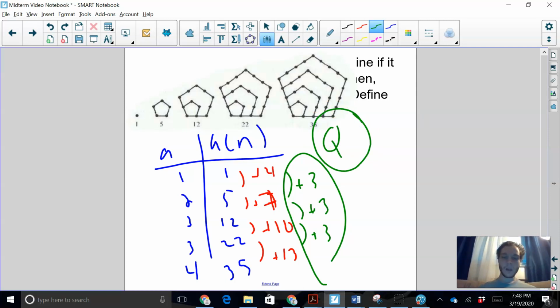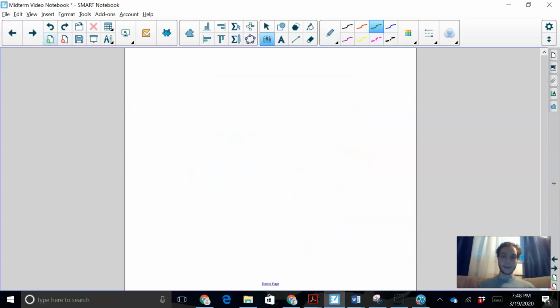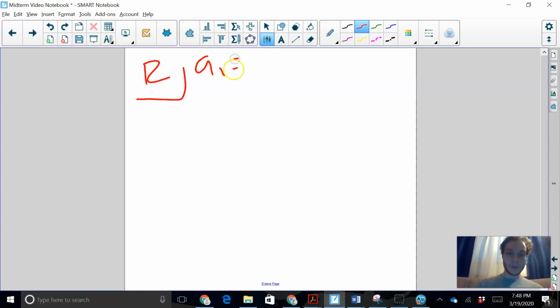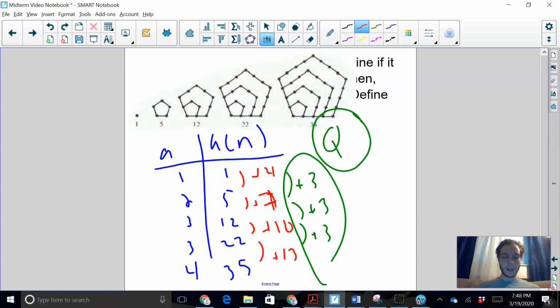Okay? So, to write this now, recursive and explicit, I'm just going to create another slide real quick so I have the space to do that. Okay, so my recursive one now. To write the recursive of a quadratic, we know our first term here was 1, I believe? Let me just check. It was.